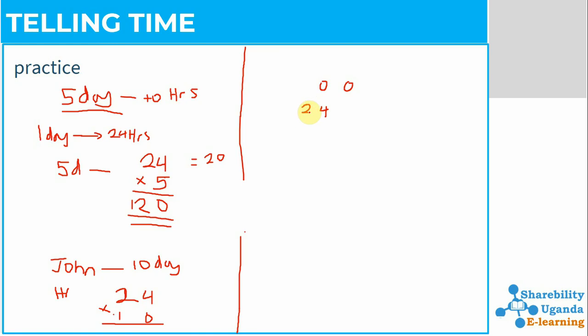I know someone is wondering why I'm writing them like this. Please, this is the procedure. When you look at our sessions of multiplication, you'll be able to understand this. So here we add, this is going to be 2.